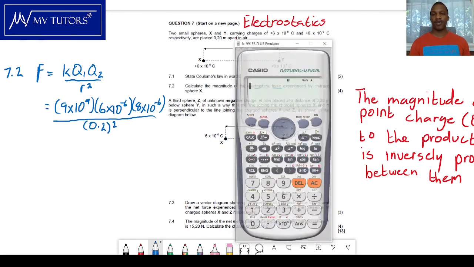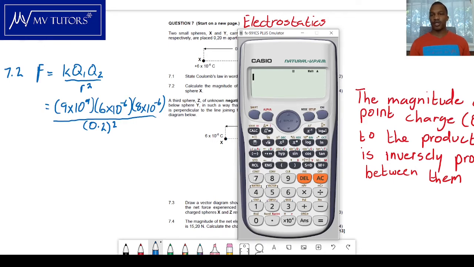Okay, let's bring out the calculator. There we go. So we put the fraction sign, and then we'll go 9 times 10 to the power 9, and then go to the side and then say 6 times 10 to the power minus 6, and then go to the side again, and then put 8 times 10 to the power, I think I made a mistake there.